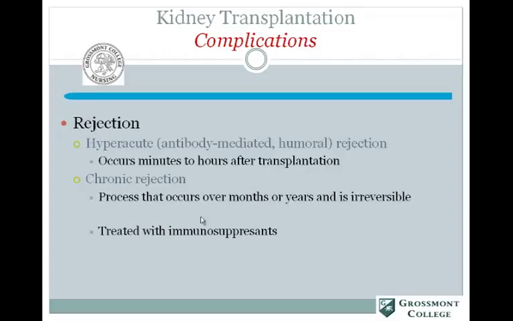So there's several points that need to match, and it's nearly impossible to get a complete match. So what they do is they find someone who is as close as possible from the donor pool, and then they treat them with immunosuppressants to suppress that immune response, that rejection that the body is trying to do.